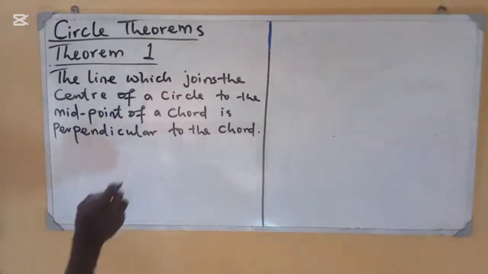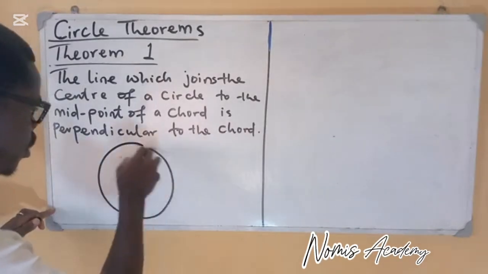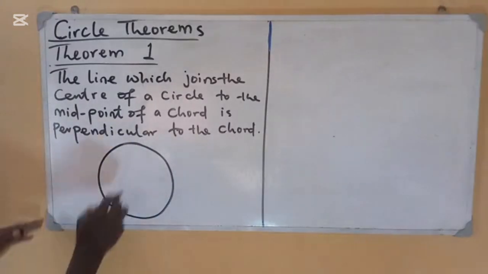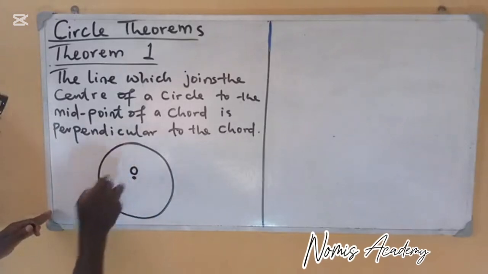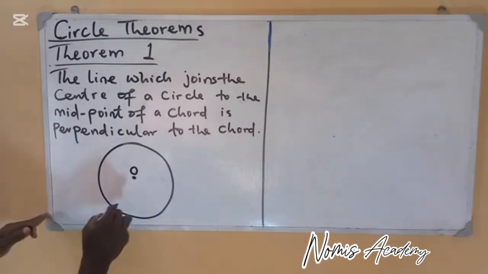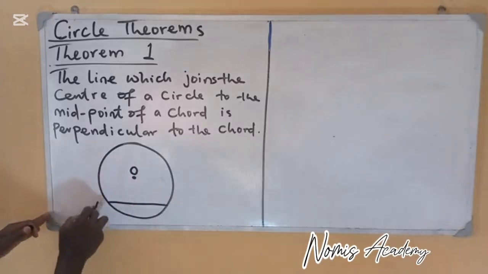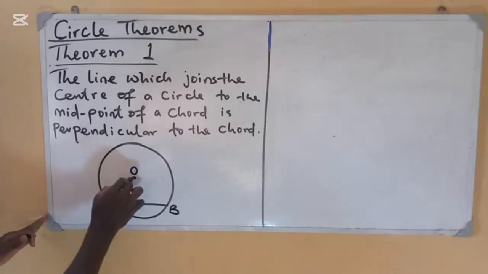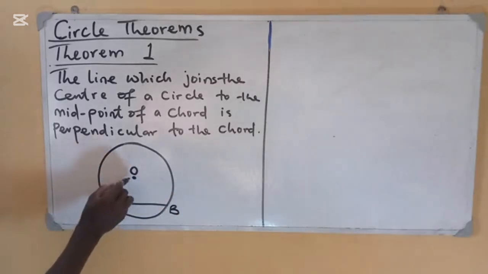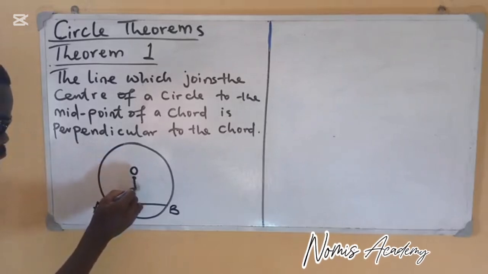So now let's take the diagram. We have a cycle. Okay, this is a cycle. Now this is the center of the cycle. We call the center O. Okay, and then we have a chord AB, and then we said the line that joins the center of the cycle to the midpoint.